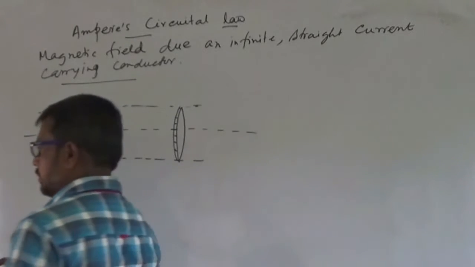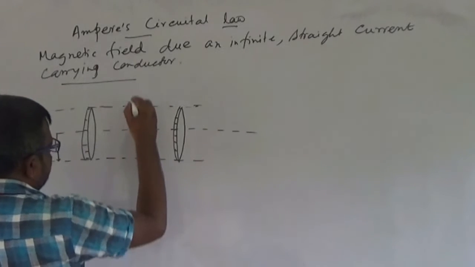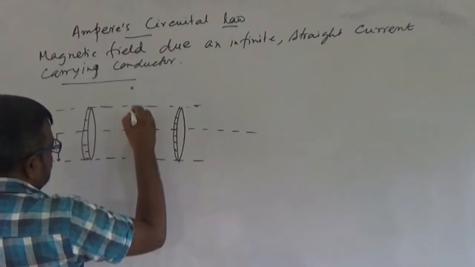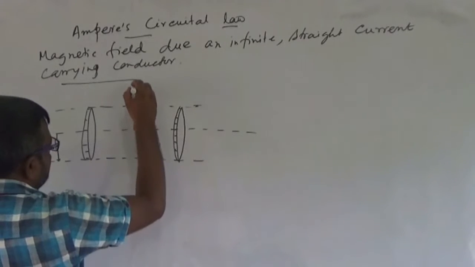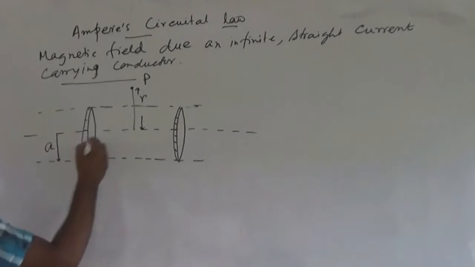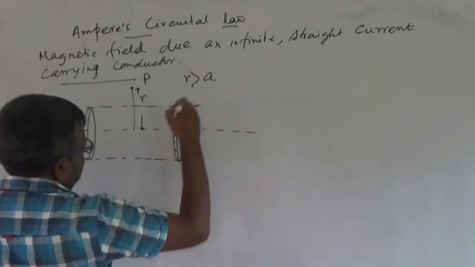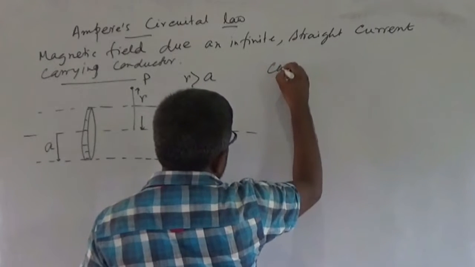Let us, in the first case, take the point outside, at a distance r, where P is the field point and r is greater than a. That is, the field point is outside the conductor.